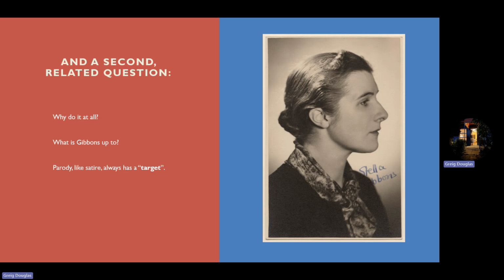It's trying to pop something or deflate something or point out the absurdity or ridiculousness of something. It's trying to point to something in the world that is a misconception or something that is actually ridiculous or is a lie, and make all the rest of us laugh at it, right? That's also what Gibbons is trying to do.